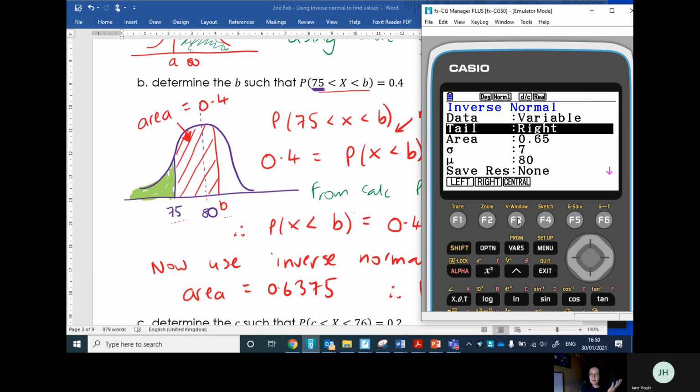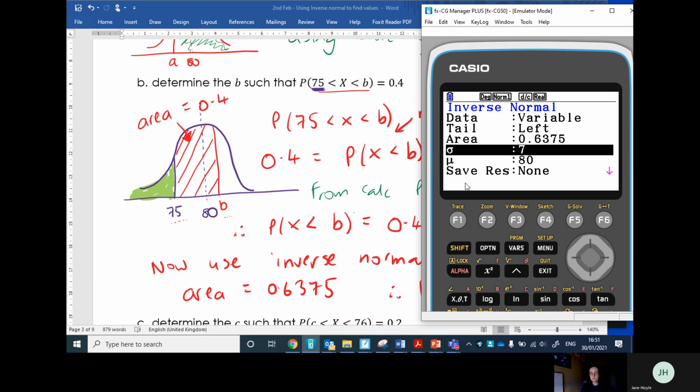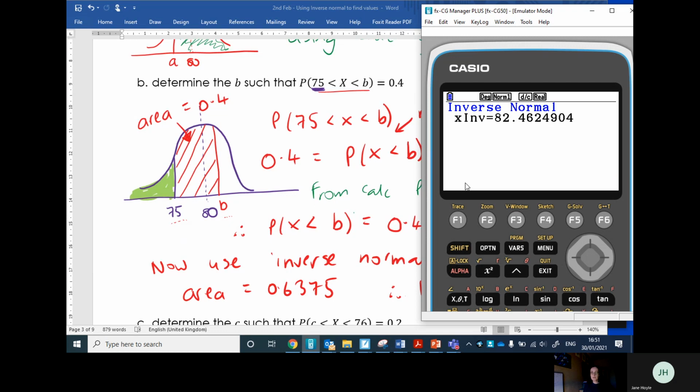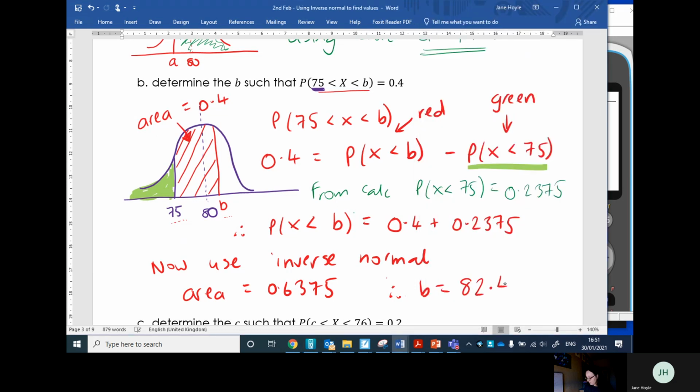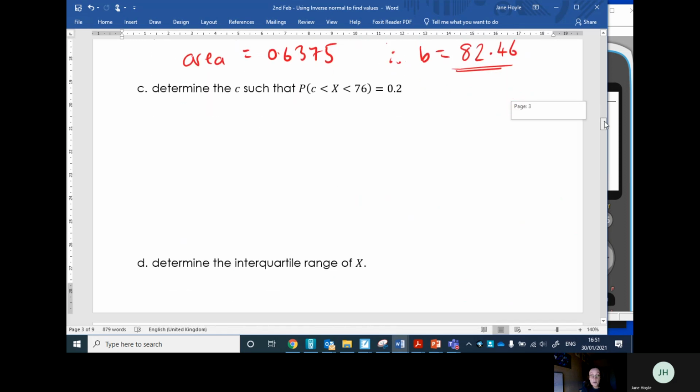So left-hand tail, because it's the green and the red section, I want the area to be equal to 0.6375. And there we have the answer, 82.46. Okay, so we just got to find that extra little bit of area first. And a couple more, but hopefully that'll be a bit quicker now that we've got the idea.